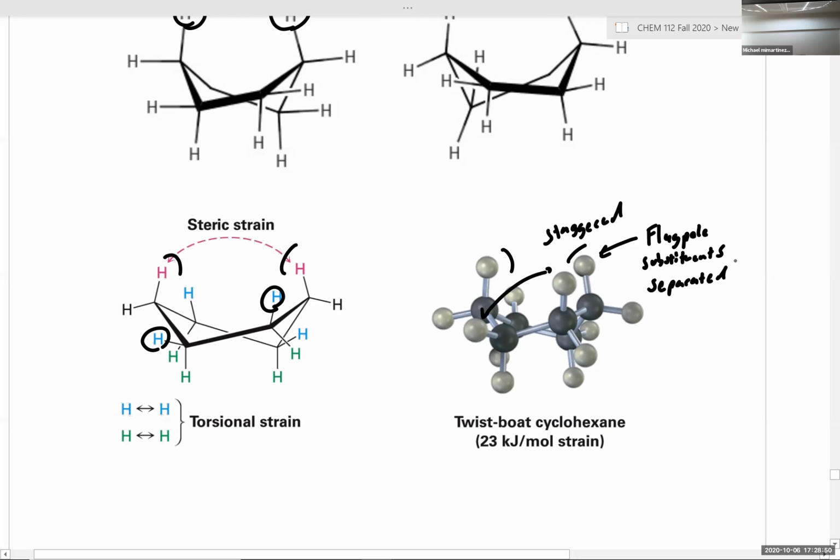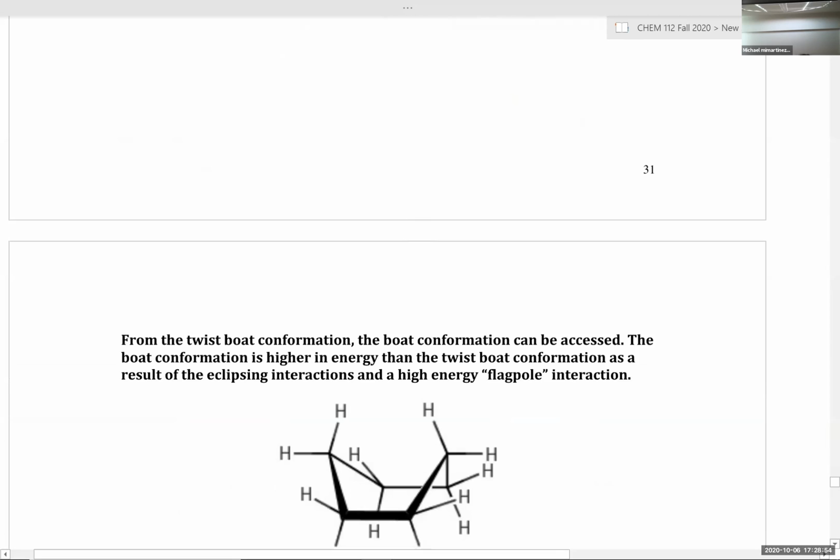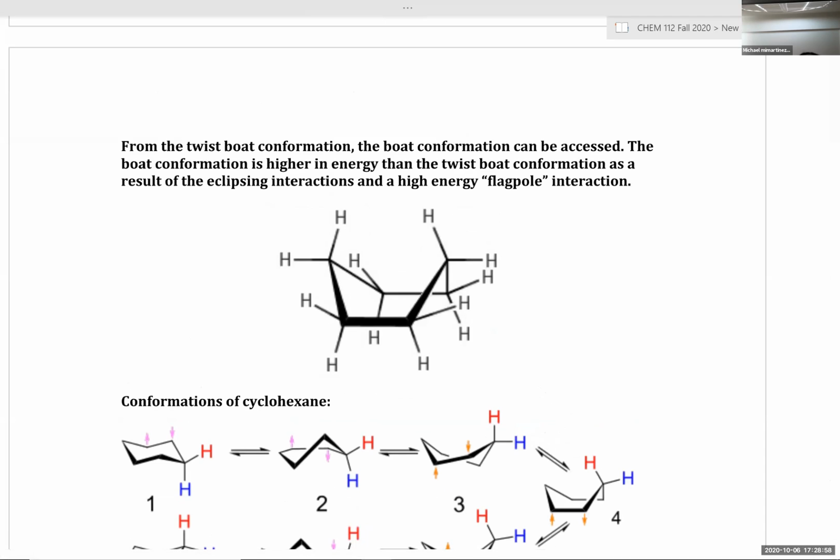Now, continuing our process of the ring flip, we go from the Twistboat conformation to what is known as the boat conformation. Currently we have our Twistboat conformation, and to adopt the boat conformation, we're going to continue to bring our substituent up.